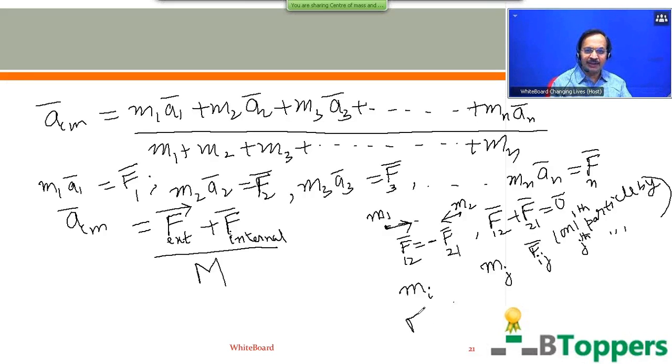The force on the jth particle by the ith particle is denoted by F bar subscript ji. These two forces form an action-reaction pair. That means F bar subscript ji can be written as the negative of F bar subscript ij.